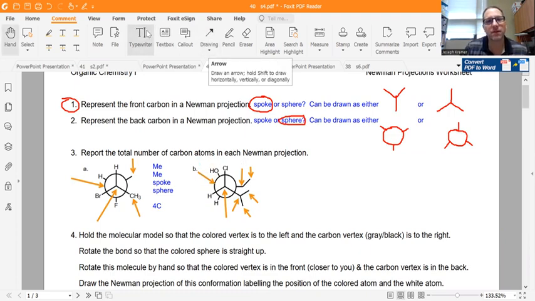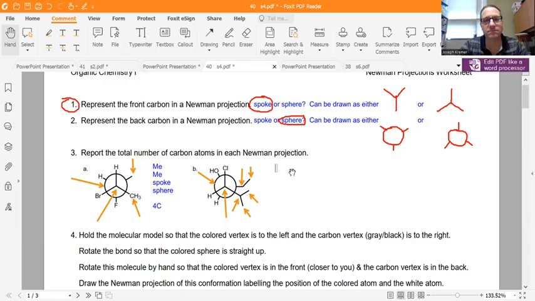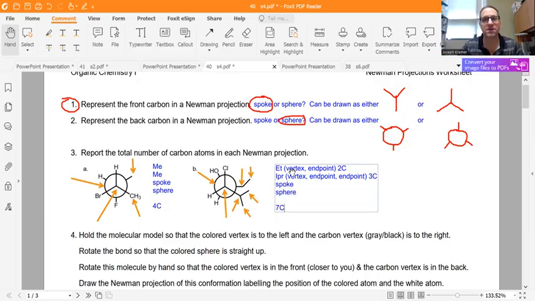And I will now type this out. Ethyl, vertex, endpoint, 2 carbons, isopropyl, vertex, endpoint, for 3 carbons, and the spoke and the sphere. 7 carbons, if math is good, 7 carbons.